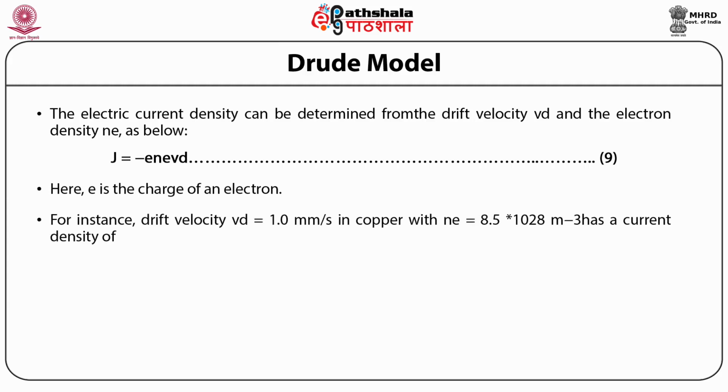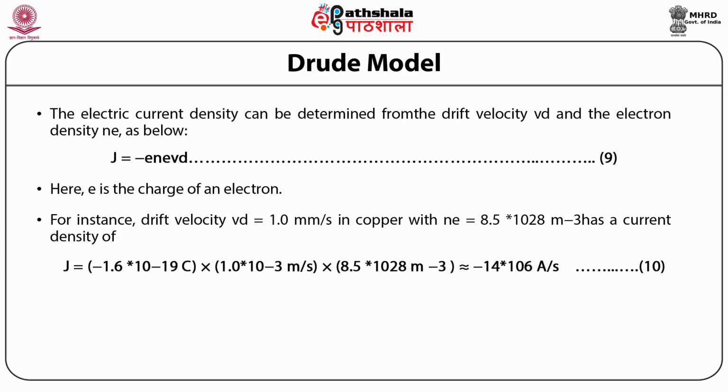For instance, drift velocity Vd equal to 1.0 millimeter per second in copper, with Ne equal to 8.5 into 10 raised to power 28 per meter cube, has current density J equal to (minus 1.6 into 10 raised to power minus 19 coulomb) into (1.0 into 10 raised to power minus 3 meter per second) into (8.5 into 10 raised to power 28 per meter cube).